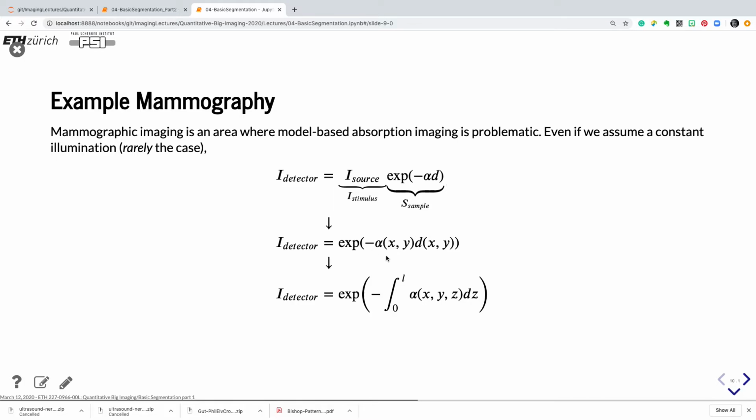But it isn't really. So in the end, we come to the point that it's actually a line integral through the material. Then we come to this equation, and the line integral goes over the attenuation coefficients at different positions through the sample.